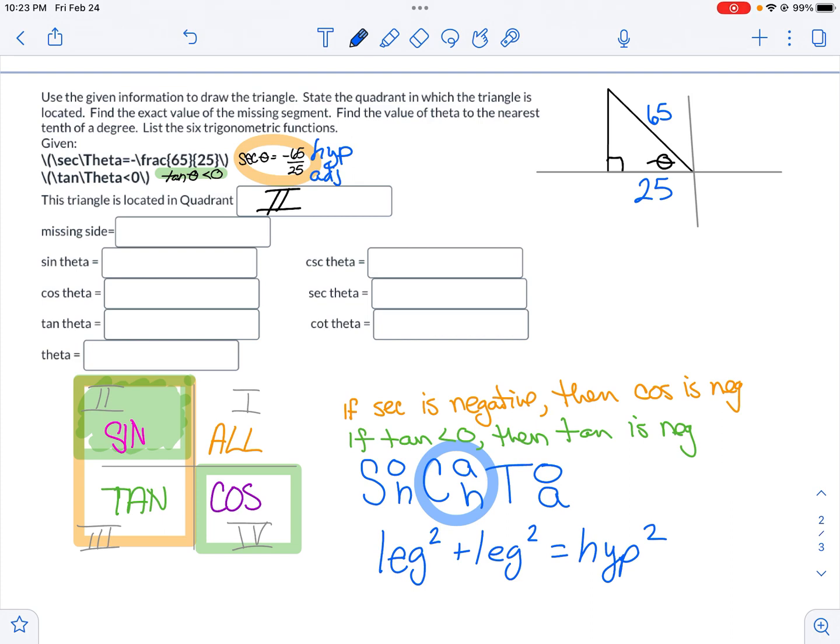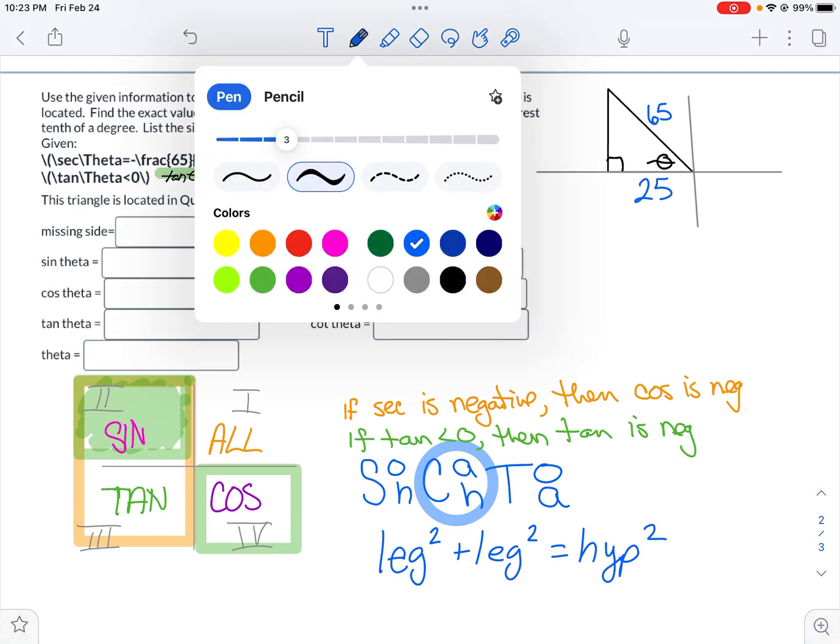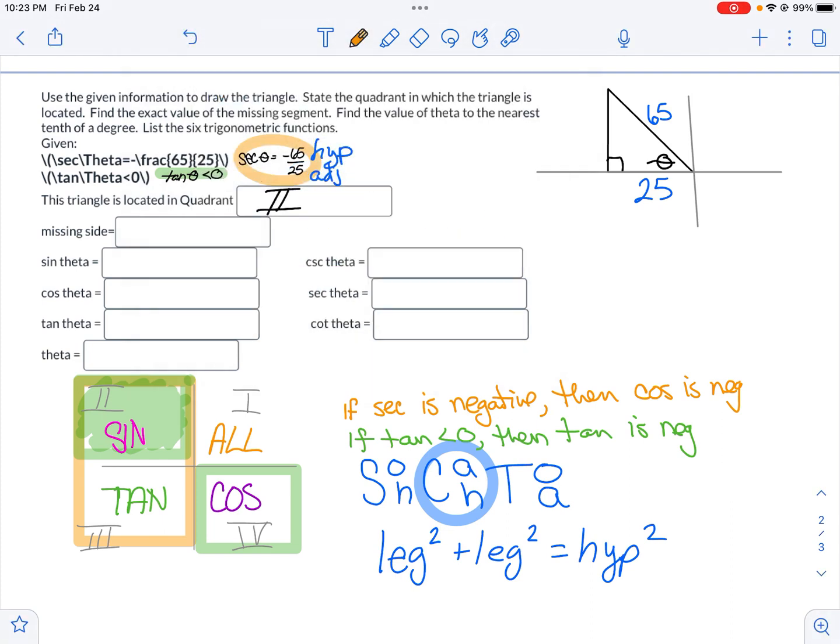So we're going to do the Pythagorean theorem. And the Pythagorean theorem is going to be that y is equal to the square root of 65 squared minus 25 squared. And when you do that, y comes out to be 60. So the missing side of the triangle is 60.